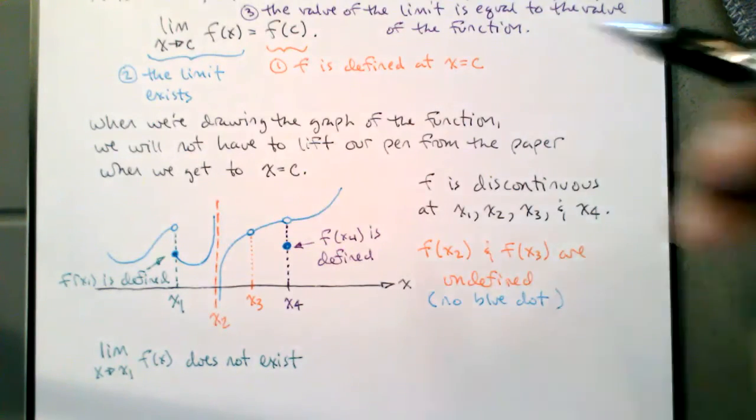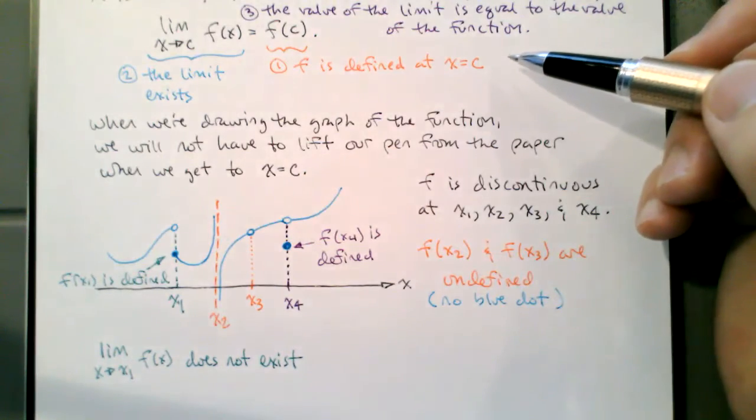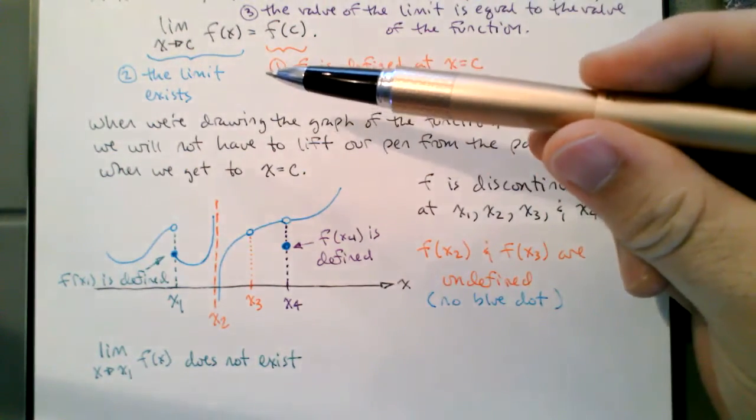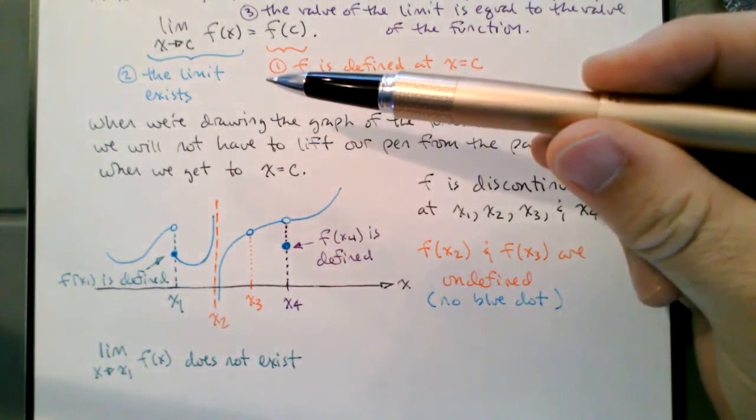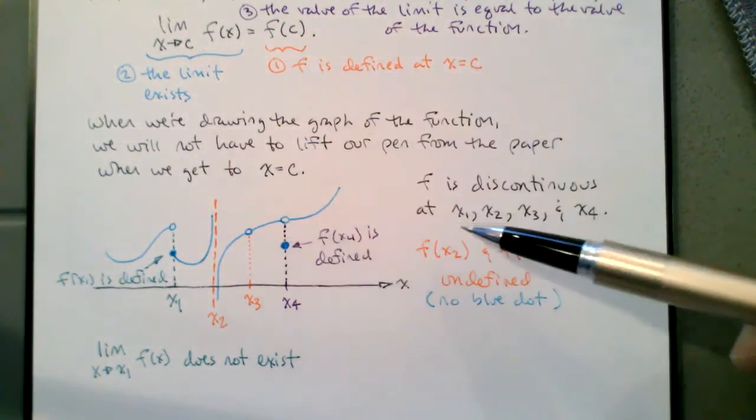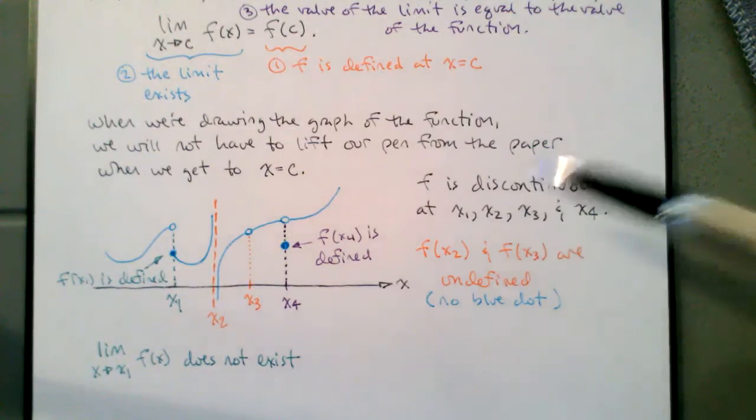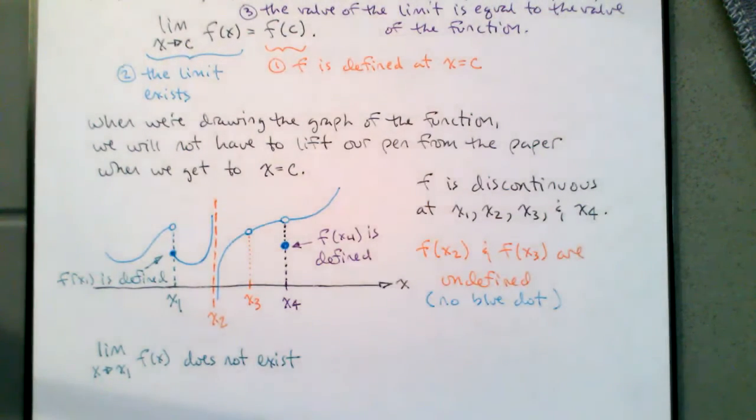So even though we satisfied the first requirement that the function is defined at x equals x1, the limit as x approaches x1 of f of x does not exist. Therefore, f is discontinuous at x1. Finally, for x4, we see that f at x4 is defined and the limit exists, but the value of the limit is not equal to the value of the function. The limit says we're headed one place.